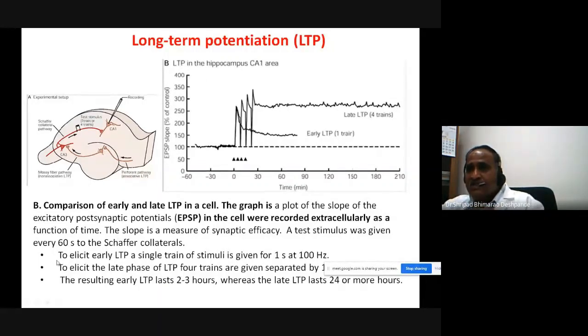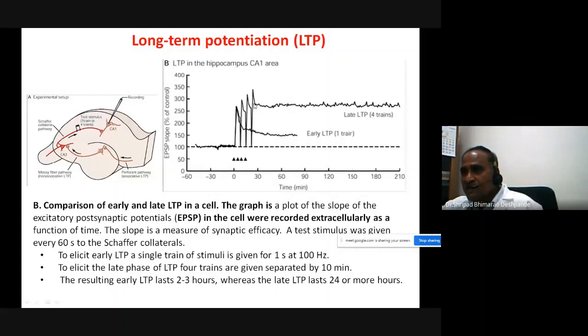This is the experiment, and I'm trying to make you feel it. To elicit early LTP, a single train is given. To elicit the late one, 4 trains are given, separated by 10 minutes: 1, 2, 3, 4, and after the fourth train you get a late LTP.